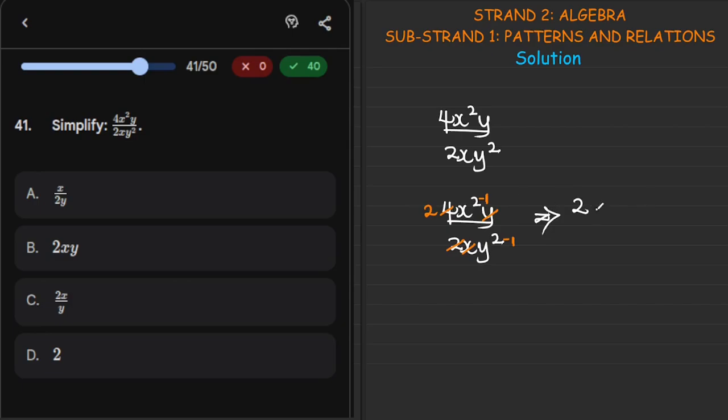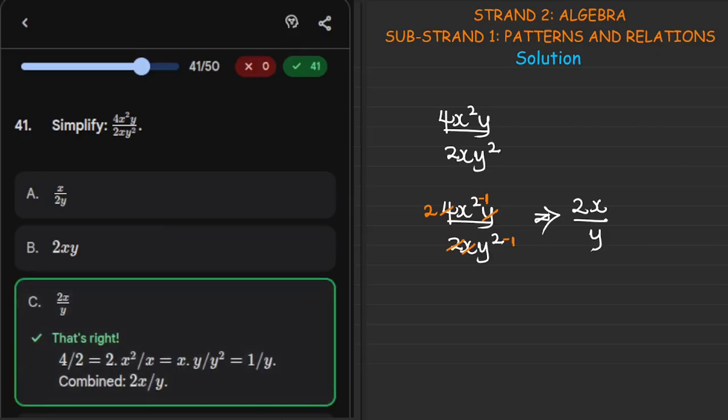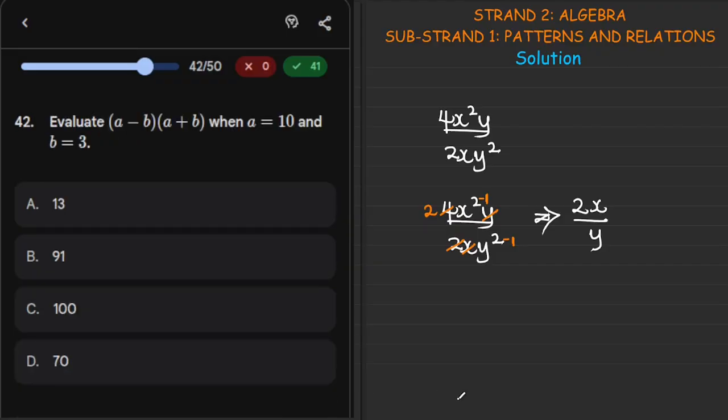Then for the x, we have x to the power 1 because it is 2 minus 1. All over 2x, then we have a y to the power 2 minus 1, which gives us 1. In essence, we have what? 2x over y. Let's proceed to question number 42.